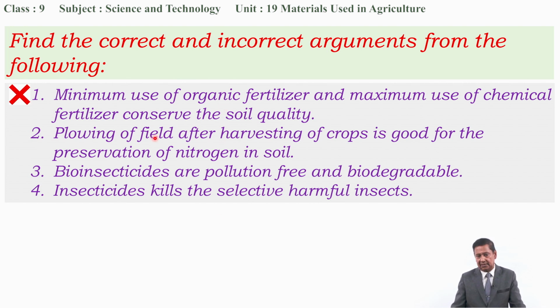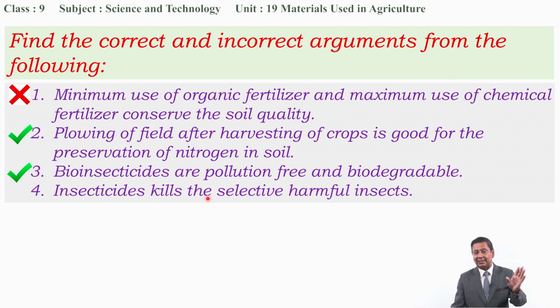Plowing a field after harvesting of crops is good for preservation of nitrogen in soil. Yes, it destroys the denitrifying bacteria, isn't it? Now next, bioinsecticides are pollution free and biodegradable. Yes, yes, this is a correct argument.